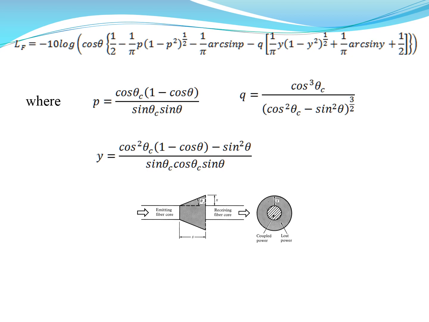We have considered the different mechanical misalignments in fibers, and what is the total power when there is axial misalignment between graded index fibers of the same numerical apertures, and the fiber loss due to axial misalignment, fiber loss due to longitudinal misalignment, and fiber loss due to angular misalignment in a fiber. So these are the topics we have considered under this particular video.